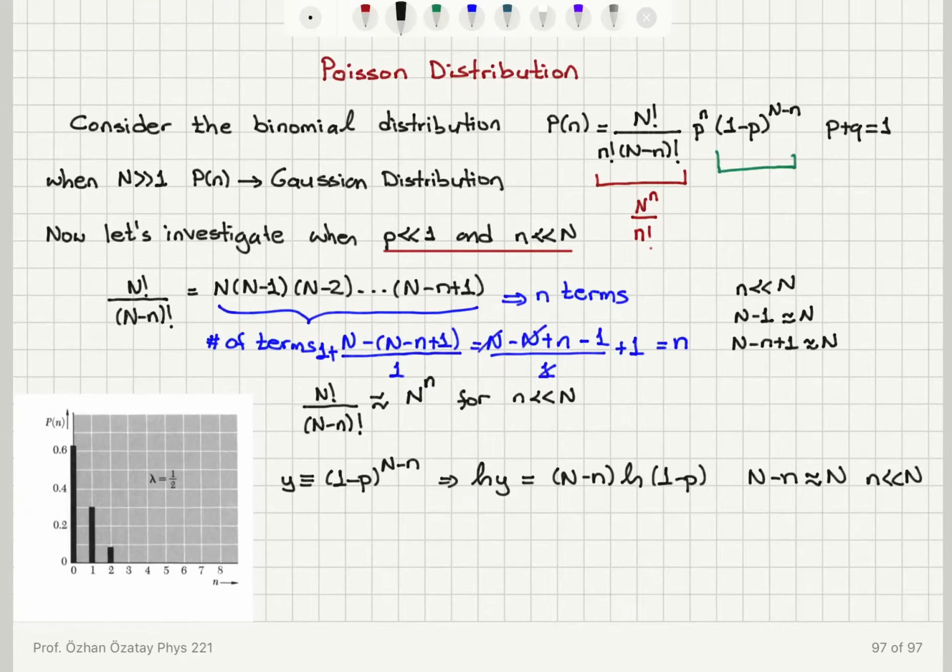So the first term here is going to be capital N. So this will be replaced by capital N here. And this will be replaced by what? So I have to figure that out.